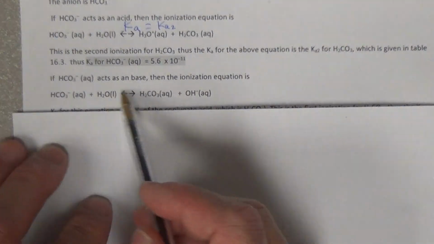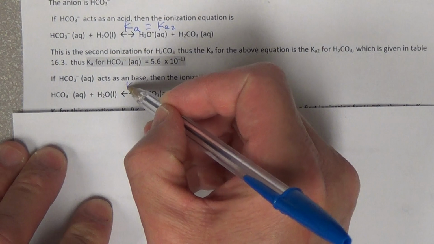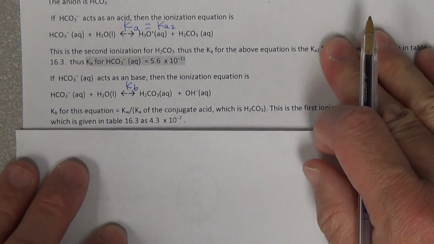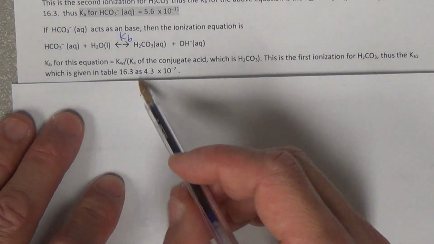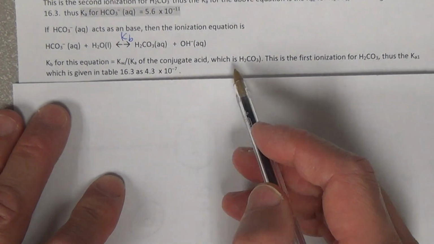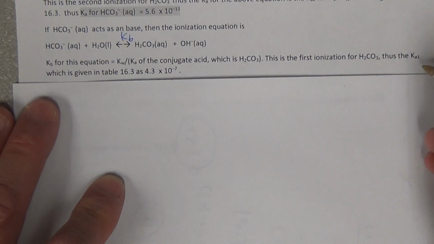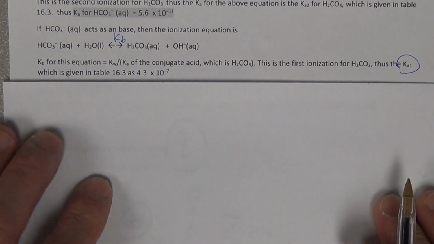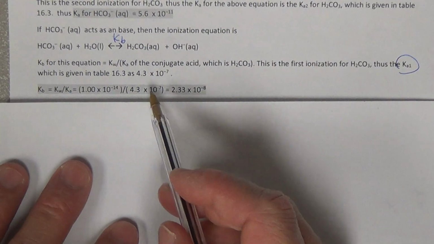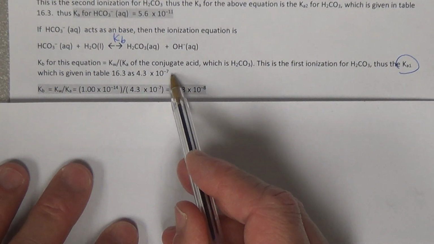Otherwise, if we use this as a base, we have this equation, so we'll have this Kb. And Kb again is Kw divided by Ka of the conjugate acid, so we use Ka1. Ka1 from the table is 4.3 times 10 to the -7.